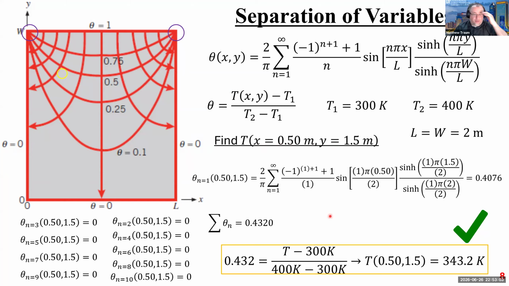I have to solve this for n equals 1, n equals 2, n equals 3, n equals 4, and so forth, and then add up all those values and keep going in n until I get enough terms that when I add them together, my precision is out to the third or fourth or fifth decimal place, and I don't really care anymore.